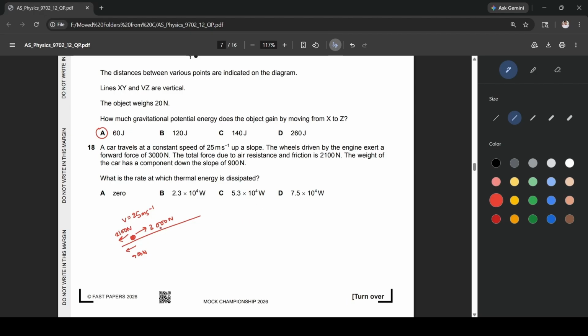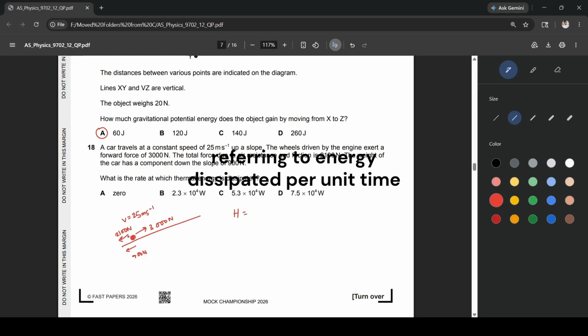Now the 3000 newton force is the force given to the car to move it forward. And the 900 newtons is simply the component of the weight. It's not quite converted to heat energy. The resistive forces, however, due to air resistance and friction, are converted to thermal energy. So thermal energy per second, or power, is force times velocity.